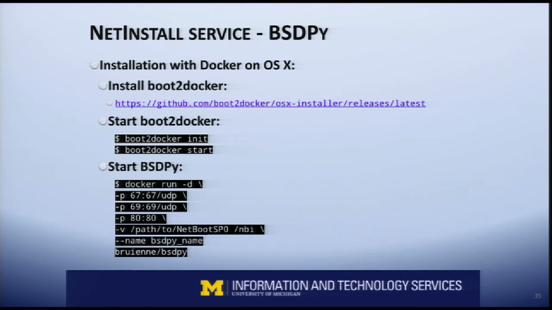We are going to share a path on our OS X server where we currently have our NetBoot images stored, and we're going to mount that inside the container at the root at NBI. Give it a name, and this is how it's registered with the Docker hub. So if you type this in and you don't have it installed, it will download it, then start it.